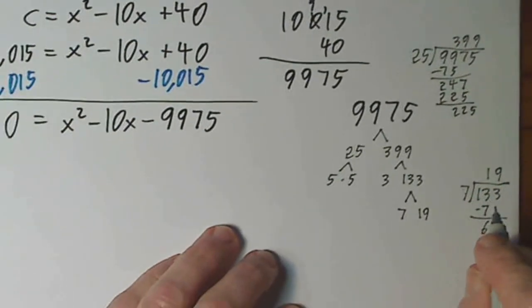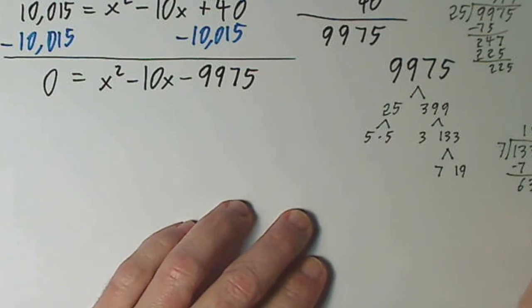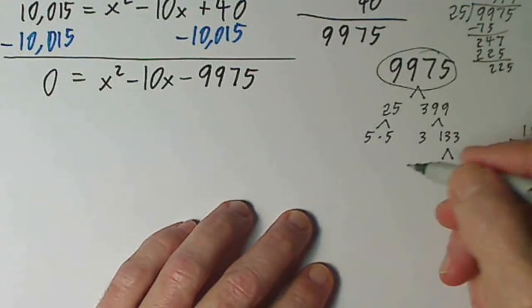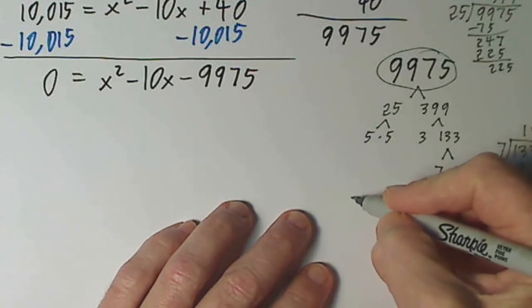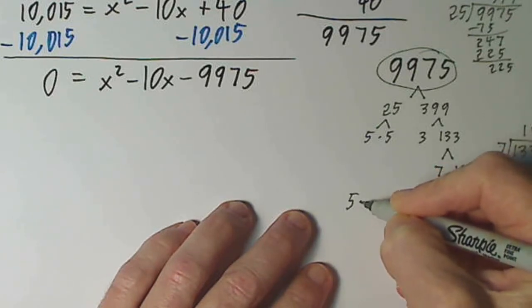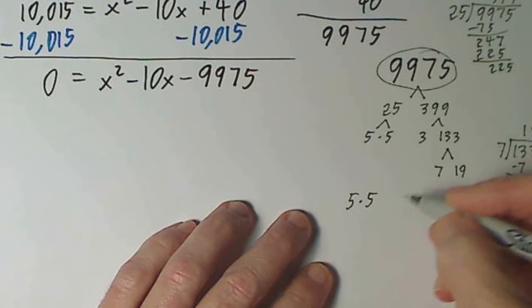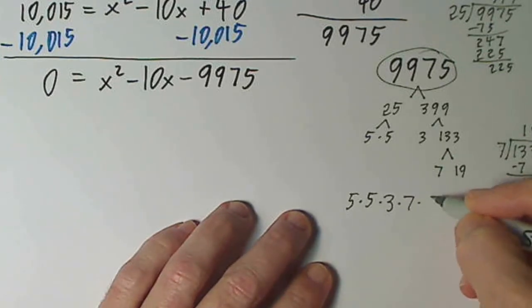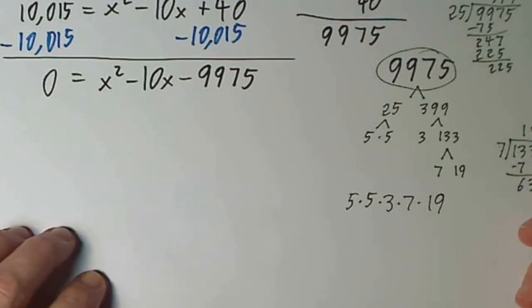Now we have the prime factorization of 9,975. It's 5 times 5 times 3 times 7 times 19.